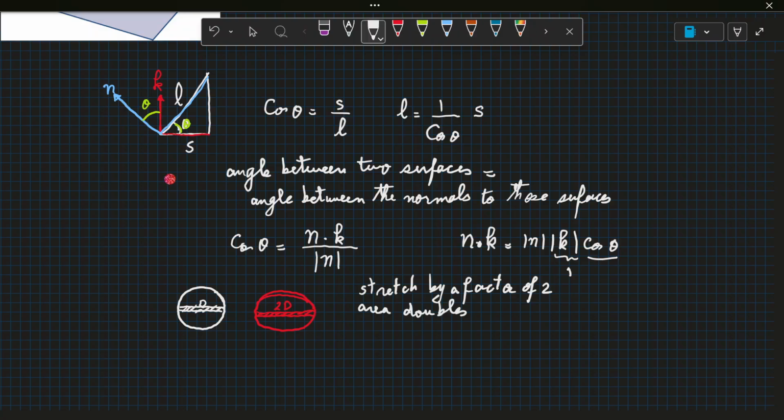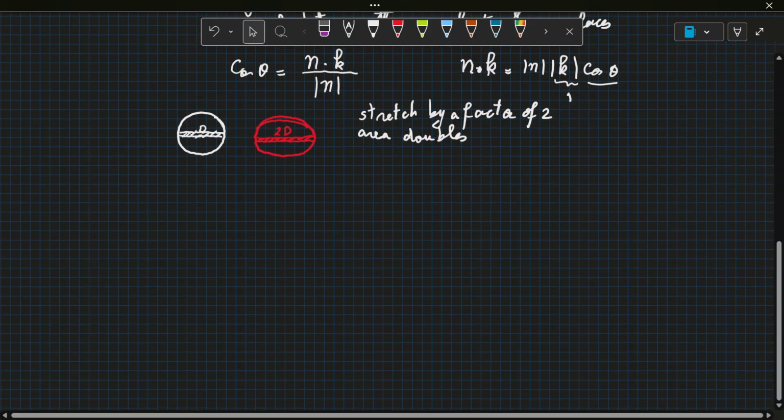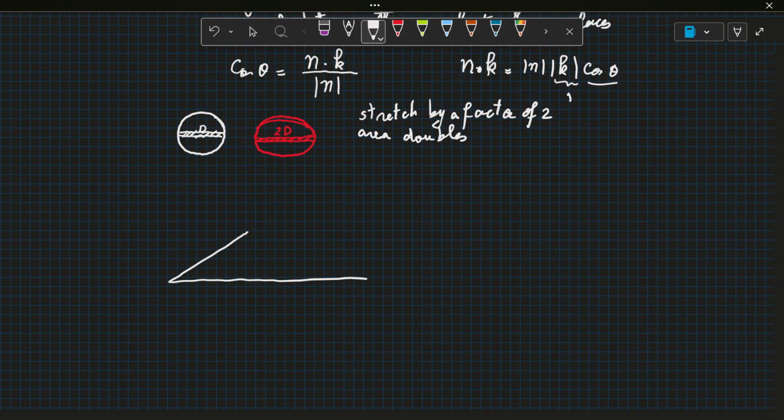Next, we are going to put these things together. Let's draw this as my XY plane, and suppose I have a simple surface above it, drawn in red.